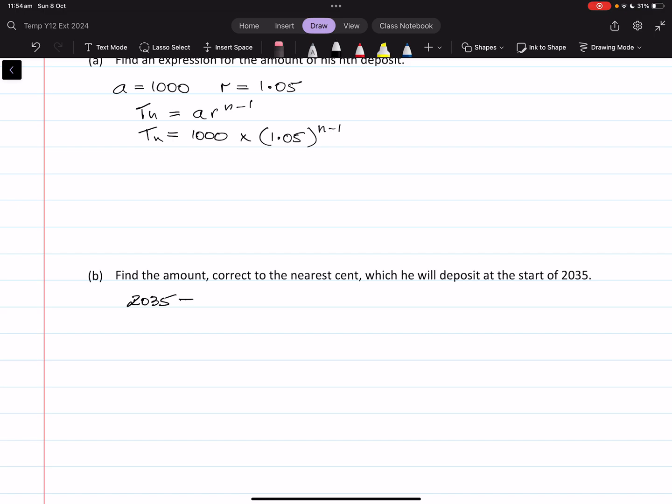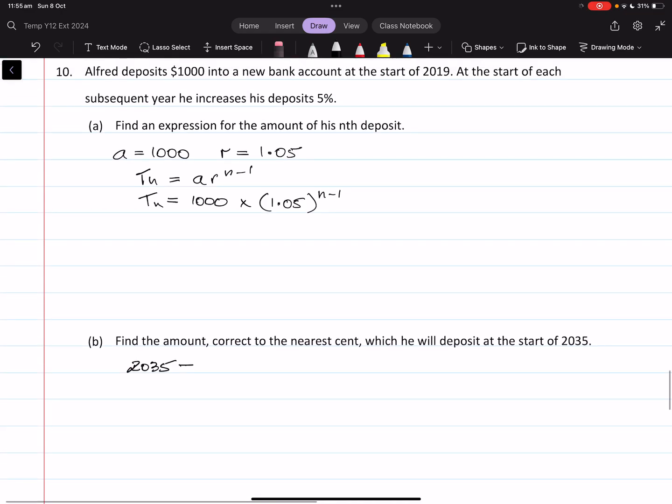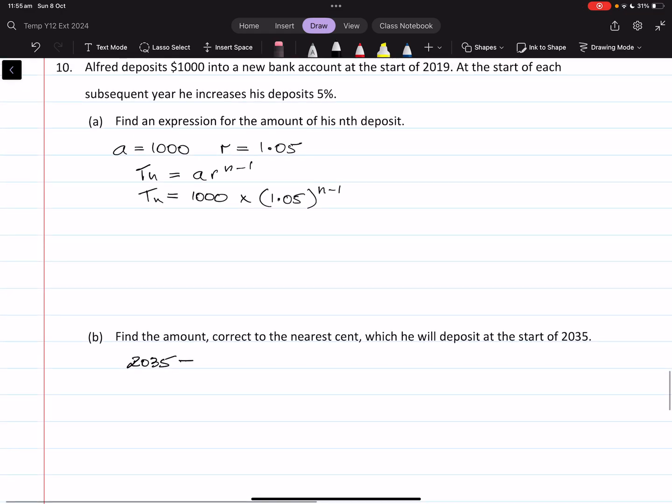Okay, so 2035 minus, now we're interested in all of the years up to but not including 2019, because we are including 2019 but nothing before, so we're going to subtract 2018. These are the years that we're not interested in. 2019 onwards is what we're interested in. So that comes out to be 17 years. So there are 17 deposits.